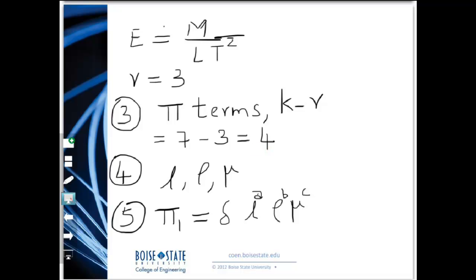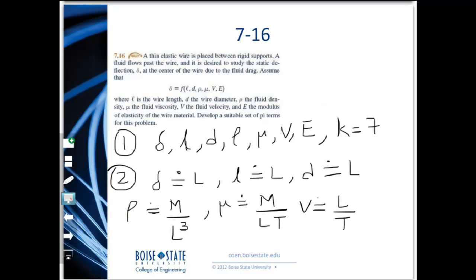Okay. So the next step is, you know that pi 1 is a dimensionless group you're trying to find. So in the MLT system, M, L, and T will have powers raised to 0, and then you go ahead and write what you earlier found for delta, L, rho, and mu in terms of the primary dimensions, what we did here.